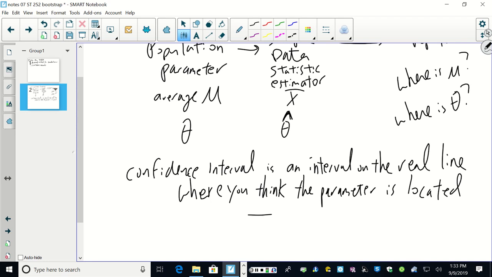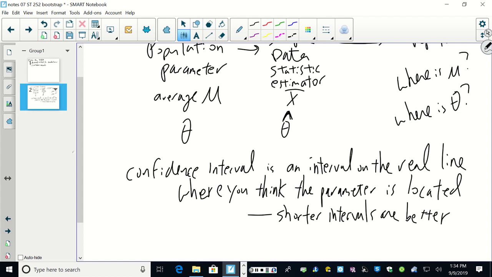And so shorter intervals are better. So it's better to have a very precise statement if you can make it work out. But at the same time, we want a high probability that this interval actually contains the true parameter.